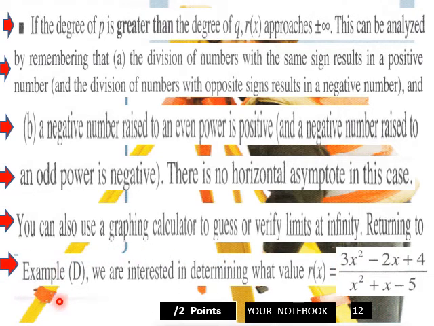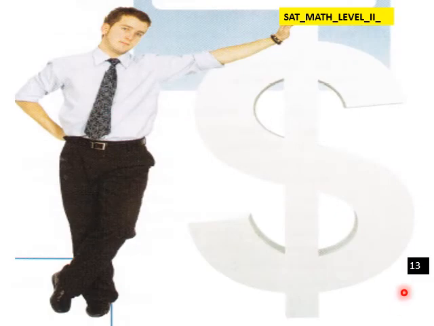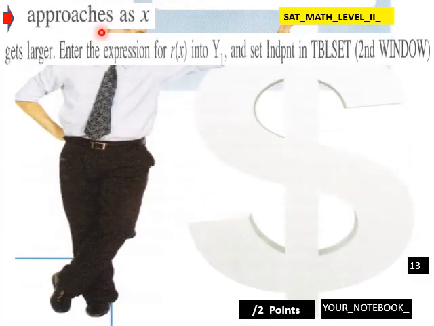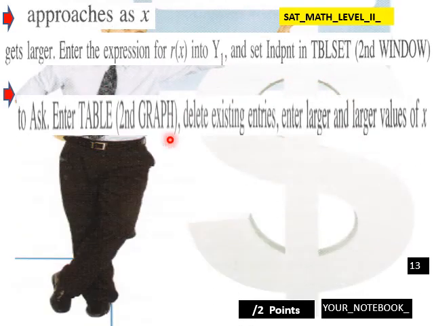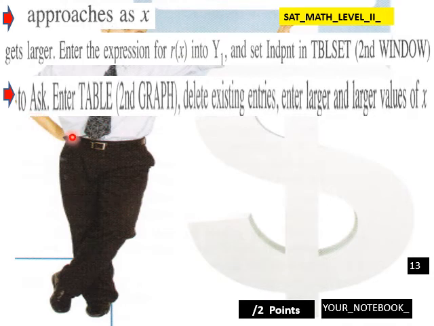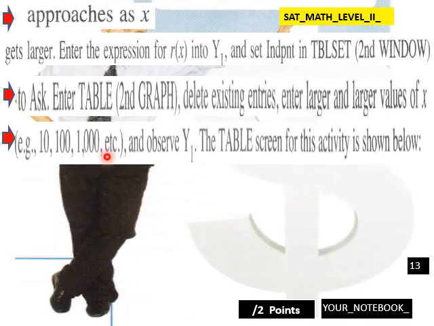Returning to example D, we are interested in determining what value r of x equals 3x squared minus 2x plus 4 over x squared plus x minus 5 approaches as x gets larger. Enter the expression for r of x into y1 and set independent and table set, second window, to ask, and then enter table, second graph, delete existing entries, enter larger and larger values of x.